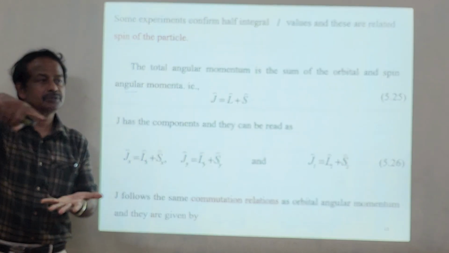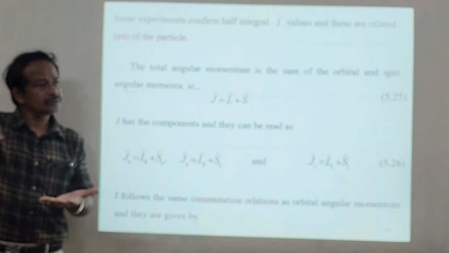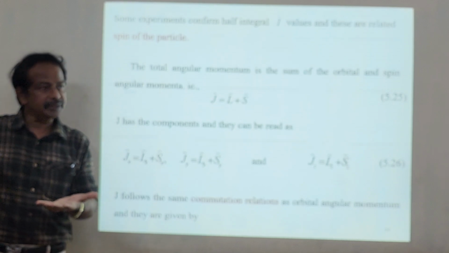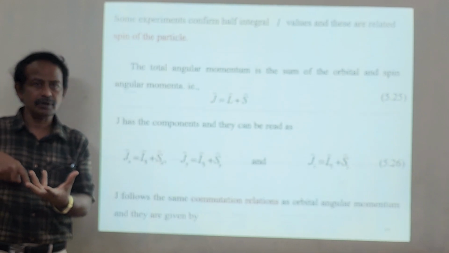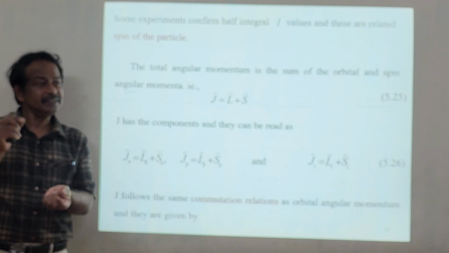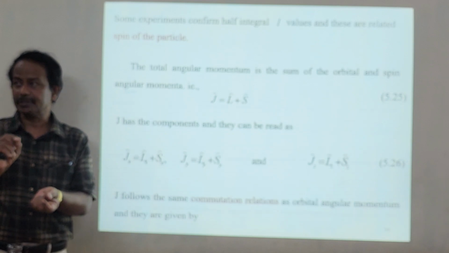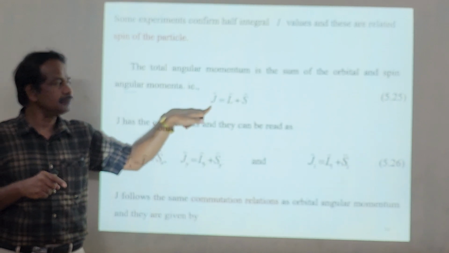Whenever we talk about an electron which revolves around the nucleus, it is a charged particle orbiting, so it has to have orbital angular momentum. And spin is an intrinsic property, intrinsic angular momentum. So we have to add these two, and we get the total angular momentum.